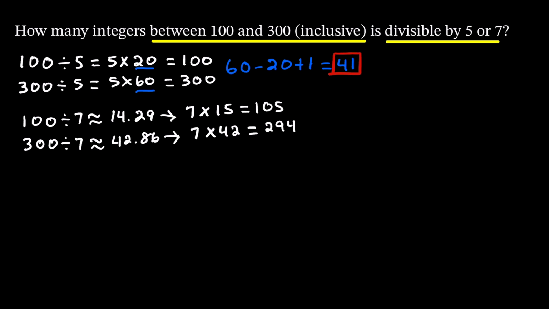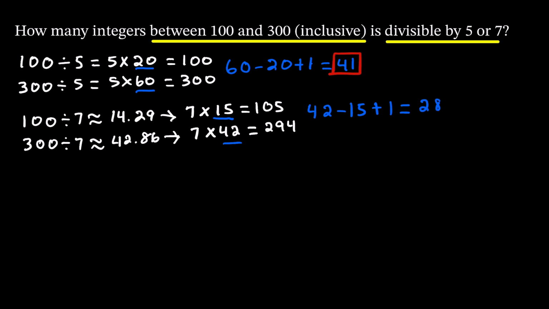Now we have to determine how many multiples of 7 there are in this range. Again, we're going to take the largest number minus the smallest number plus 1. That's 42 minus 15 plus 1, and this is equal to 28.